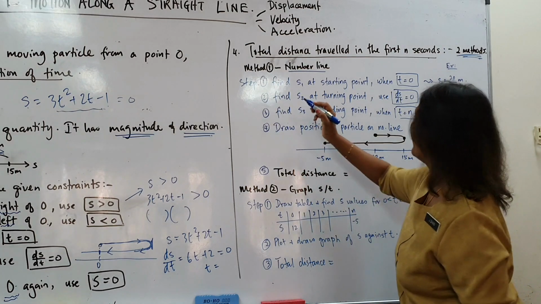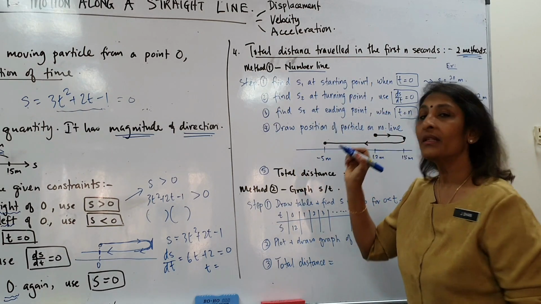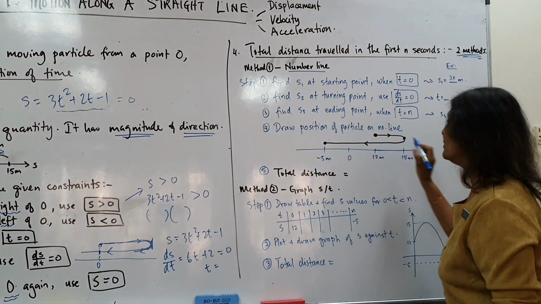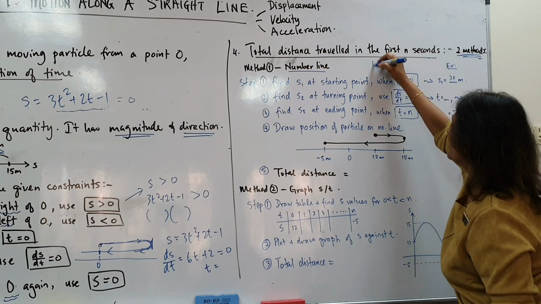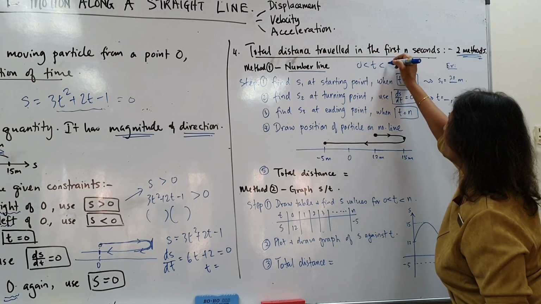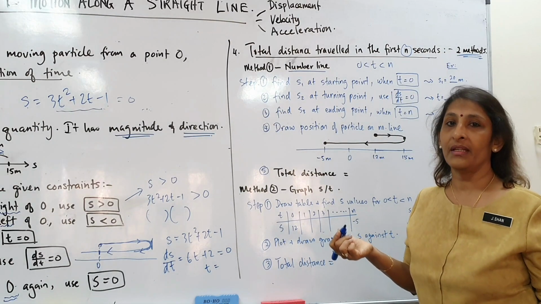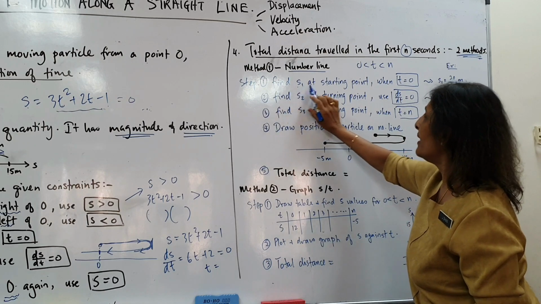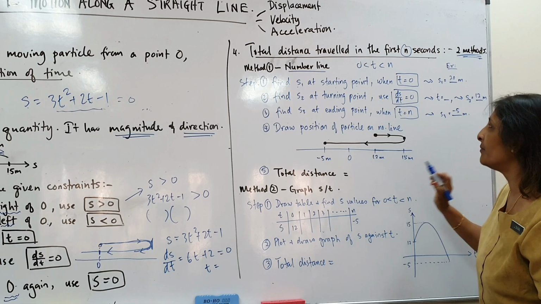Let's say I want to find the total distance traveled by a particle from the start, when t is 0, to the first n seconds, let's say 7 seconds. So what do you do? You must find s at the starting point. First find the displacement at the starting point.